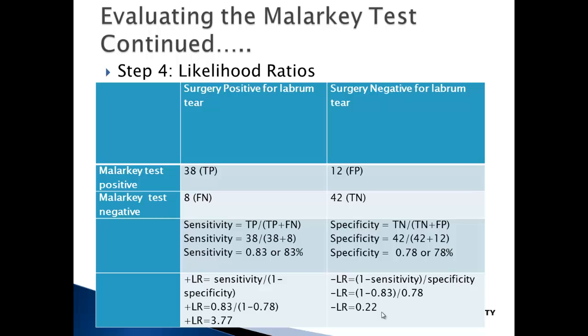We want to see a negative likelihood ratio that is very small, as close to 0 as possible. So again, a positive likelihood ratio, we want to have it be larger than 1, much larger than 1 if possible. And then in a negative likelihood ratio, we want it to be as close to 0 as possible, or much smaller or lower than 1.